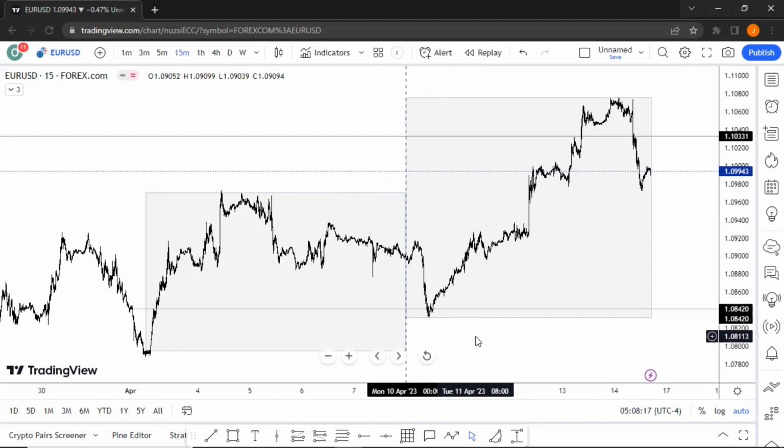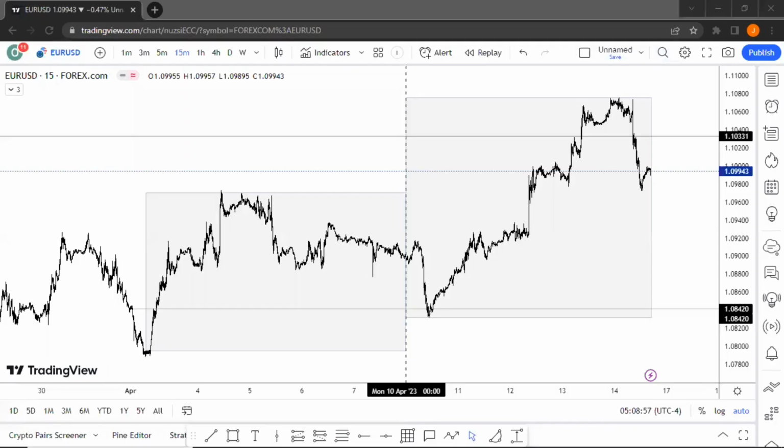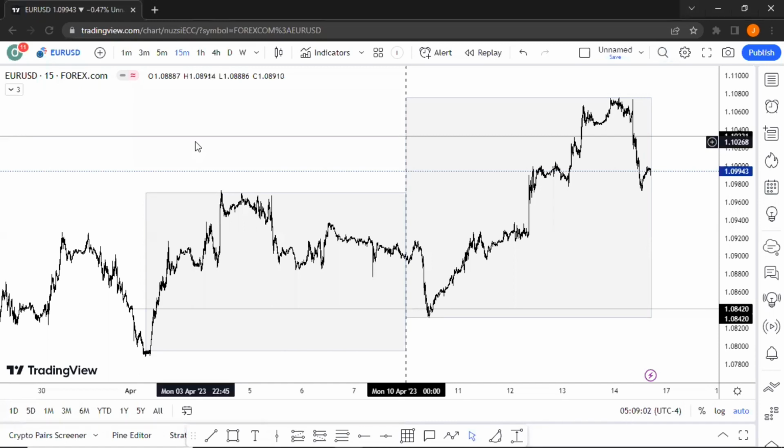When I first started and was having issues with gaining a bias, I always waited for Monday and Tuesday to play out, and I would pop in on Wednesday, because when Monday and Tuesday's price action plays out, you'll be able to derive what the bias is for the rest of the week.